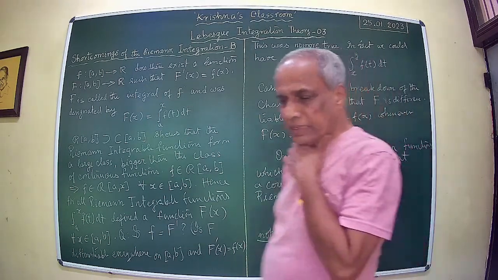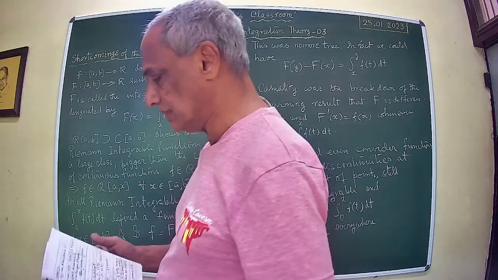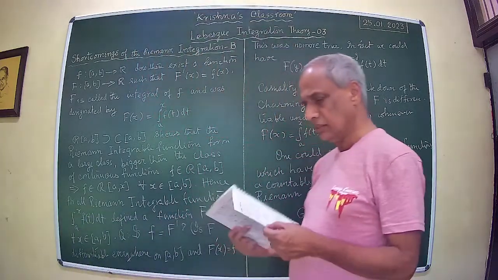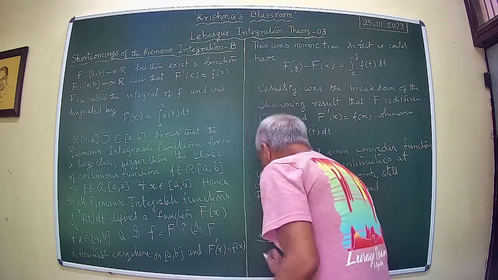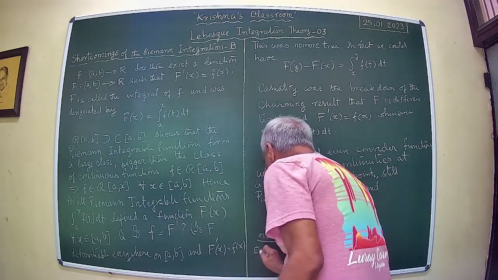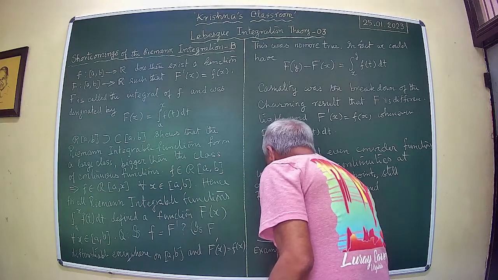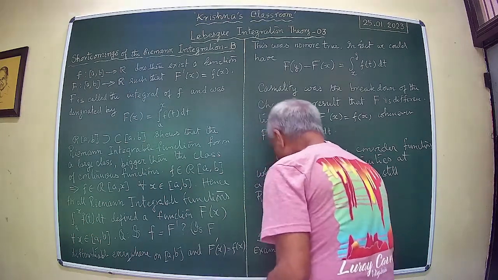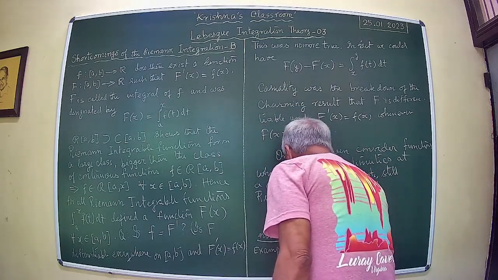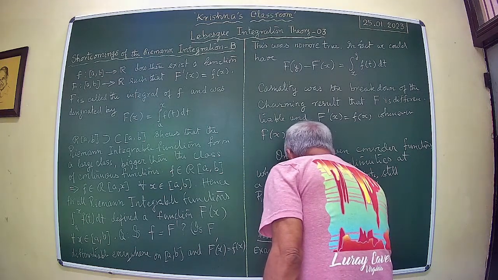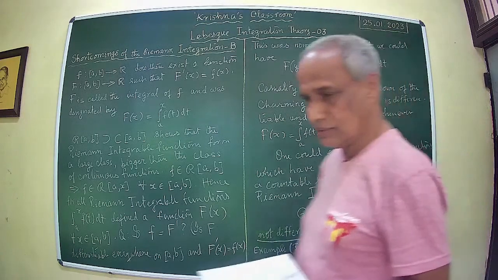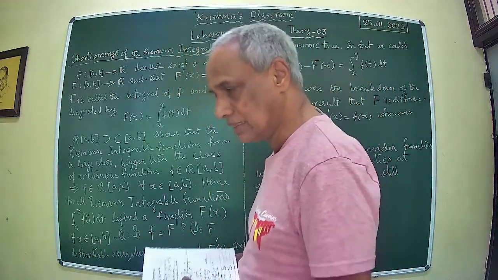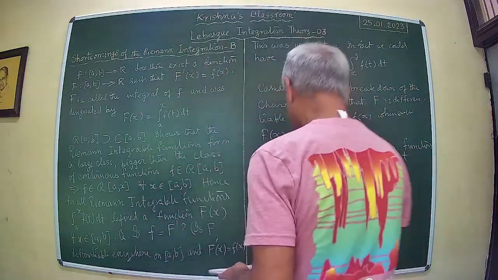Let us look at this example. This example is fascinating. Let us construct it. This is a very famous example due to Riemann. These constructions are very useful in analysis.